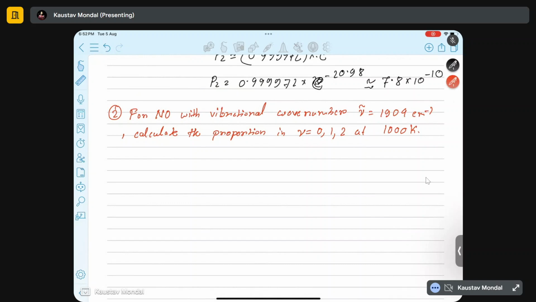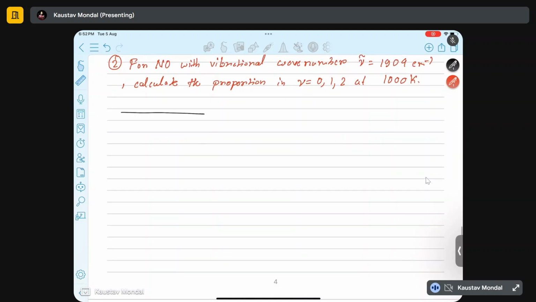Okay. So now, similar way here, the same vibrational states 0, 1, 2, each state is divided by HC nu bar.